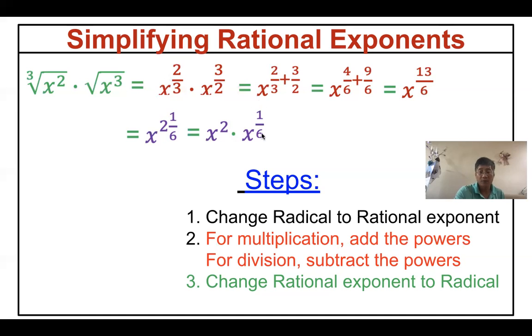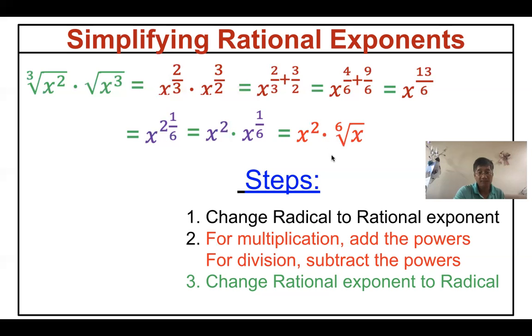Then what is 1/6 power? You change it to the radical form. 6th root, right? Denominator is what? The root. The number in front of the radical form, this number goes to the denominator. So we go backward, then this number goes to this part, right? So 6th root. And then 1 goes inside, x to the 1 power, which is just x. And you are done, all right?